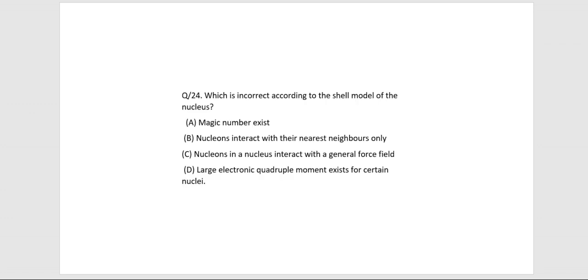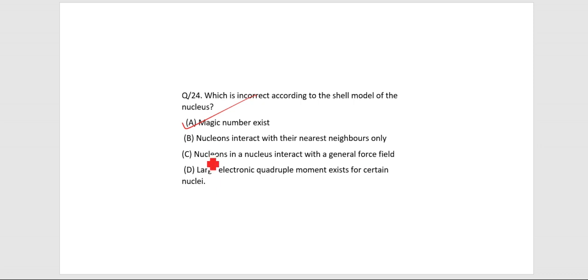Next question: which is incorrect according to the shell model? First, magic numbers exist. It is correct; magic numbers exist in the shell model. Second, nuclei interact with their nearest neighbor only.